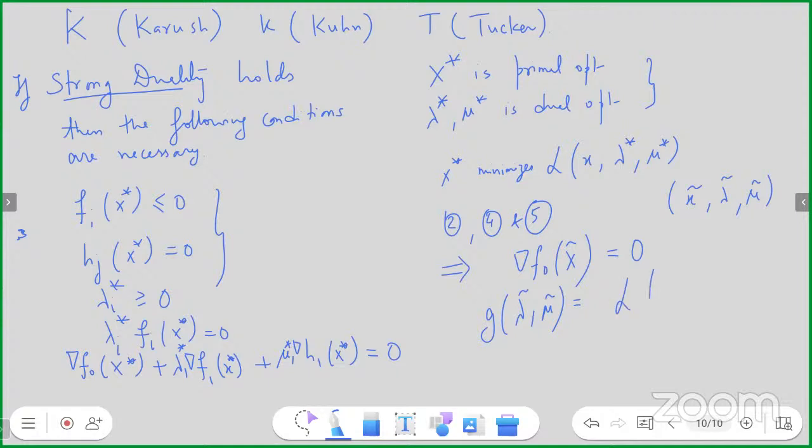L of, can I write this? X tilde, just replace star with a tilde. X tilde minimizes L of x comma lambda tilde mu tilde.